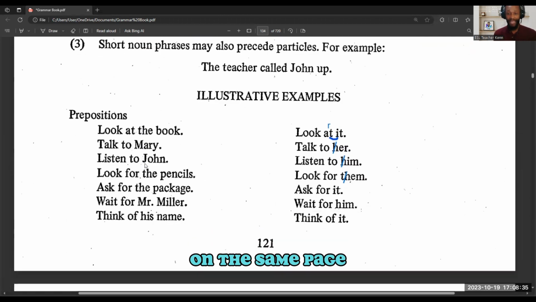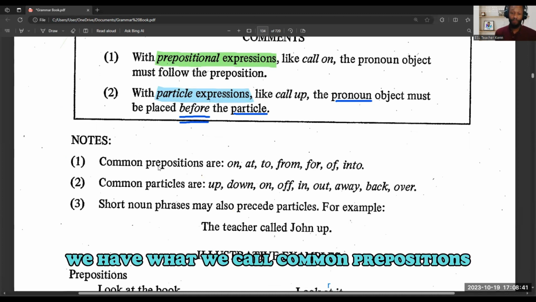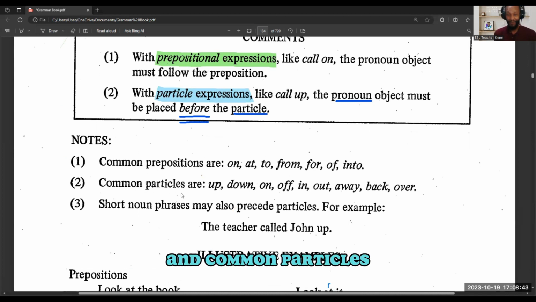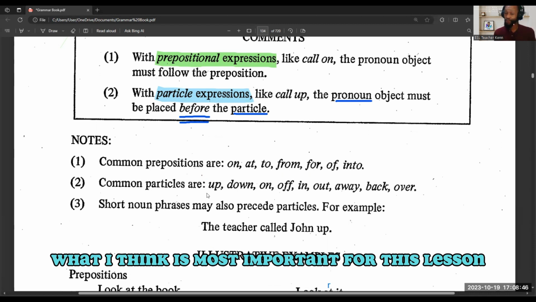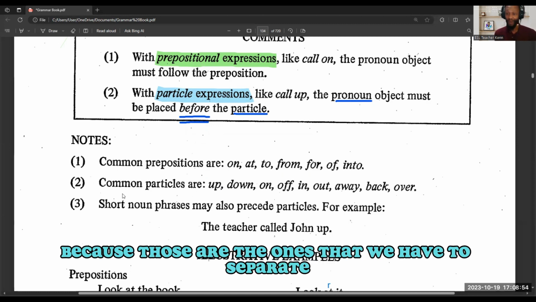On the same page, right here in the notes, we have what we call common prepositions and common particles. What I think is most important for this lesson is that you remember the common particles, because those are the ones that we have to separate.